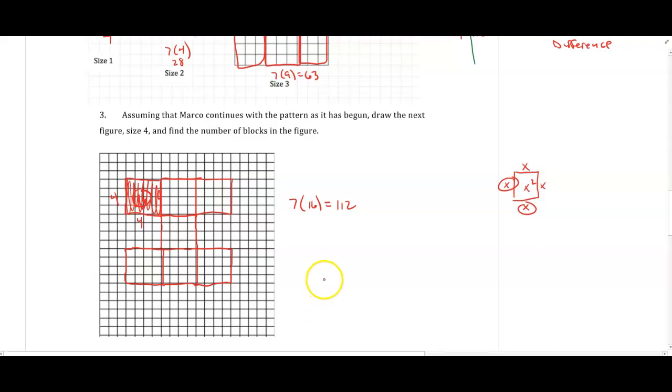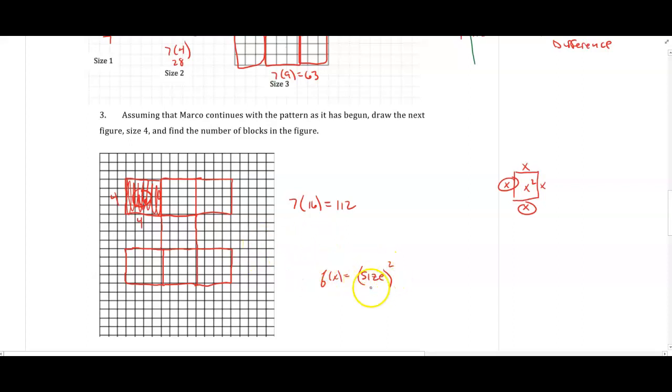So when I go to find a rule for this function, the area of one square is basically the size. When I was looking at size 3, the area of this square was 3 by 3, so it's just size squared, or size times size.